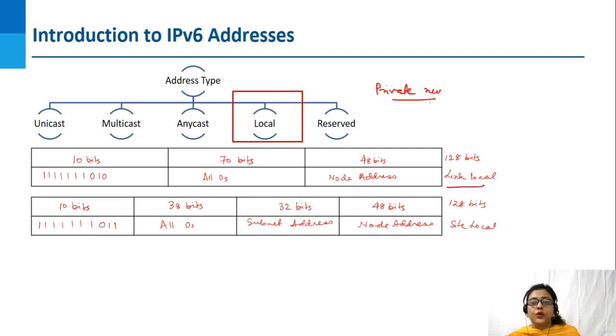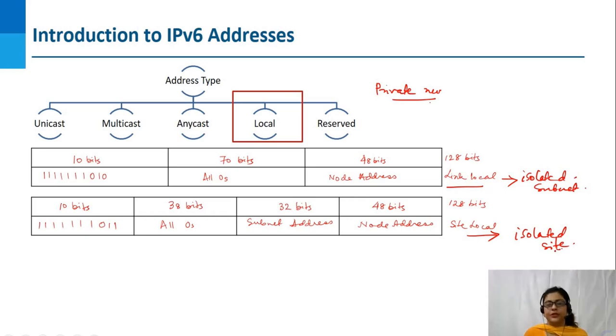One is called the link local address, when you have an isolated subnet, and you can also have a site local address when you have an isolated site with several subnets.